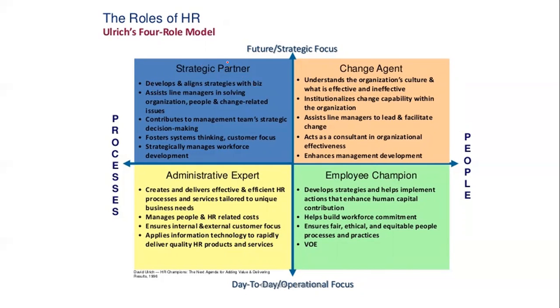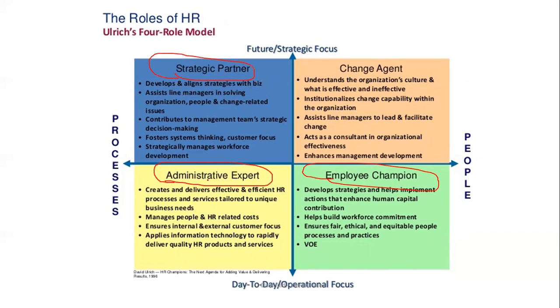the one who suggested that an organization which carries out operations on a large scale has to be classified into four segments. That is the business partner, strategic partner you can say, administrative expert, then we have the employee champion, and then we have the change agent. So when I say business partner, the partner in strategy execution, ensuring that it has been developed and put into effect very well.